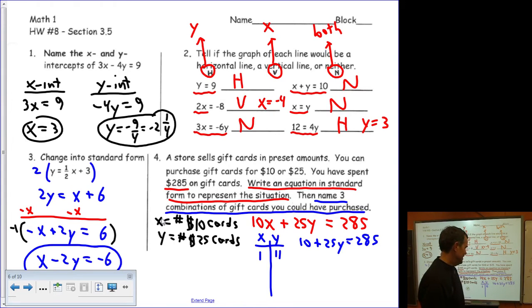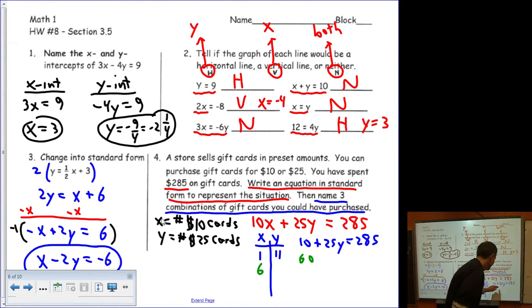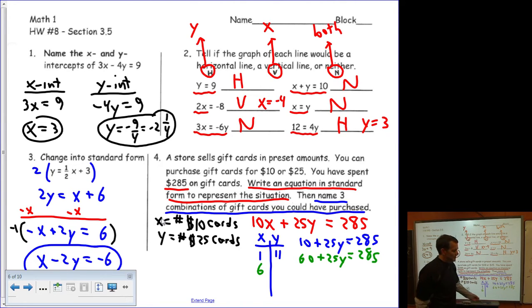Let's see, how about if I buy 6? I bought 5 more because that would be $50 more, so that'd be equal to 2 less $25 gift cards. 60 plus 25y equals 285. Now I'd be subtracting 60 and I'd have 225, and that would be 9 $25 gift cards.